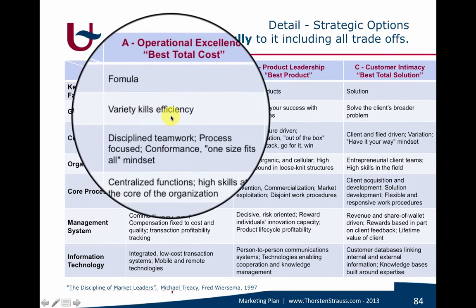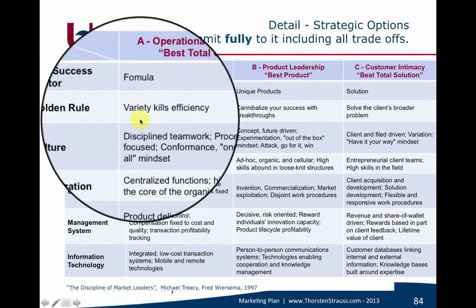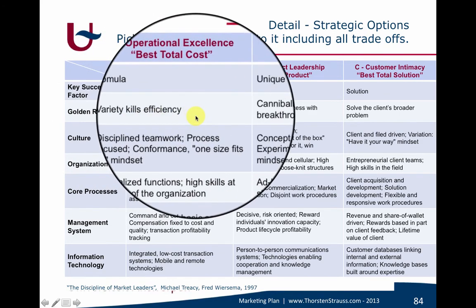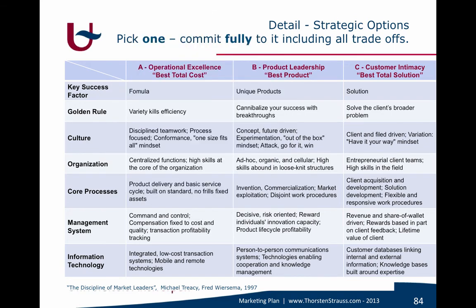Variety kills efficiency. That's the golden rule. And it really makes sense. I mean, let's say you produce something and you need to stop the machine to change a part in order to make it deeper or different color or give it a different look. Let's take the iPhone again, for example. You produce in 4 colors, it's the same shape, so all they do is they put a different plastic resin in it and it produces a different plastic.